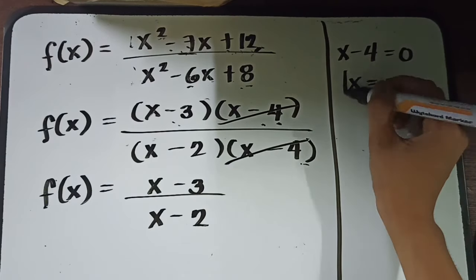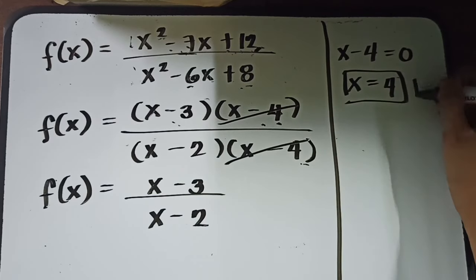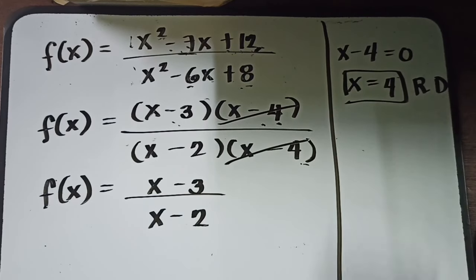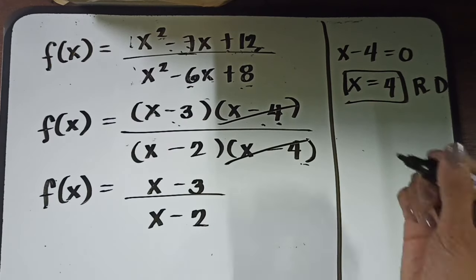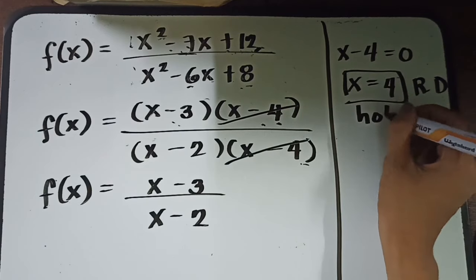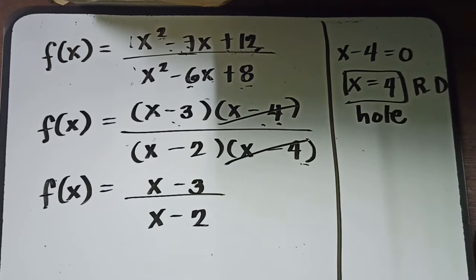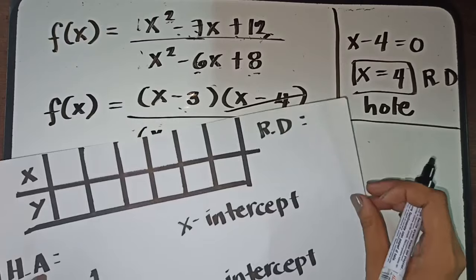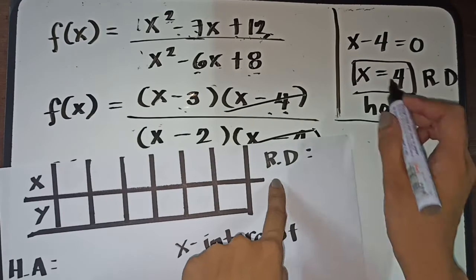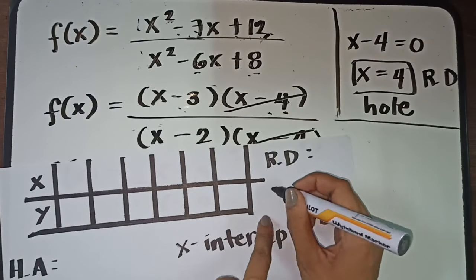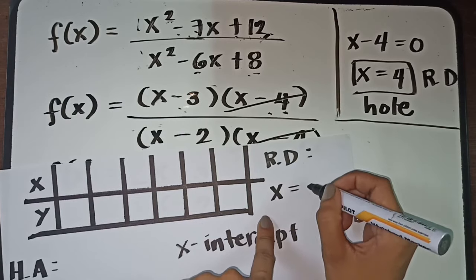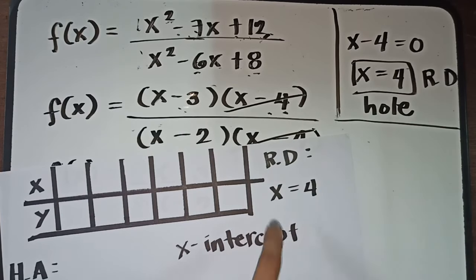Okay, so now, this is our removable discontinuity. So, para saan ang removable discontinuity? Ito yung kapag ginraph natin, ito yung hole nyo. Okay, so again, the value of our removable discontinuity is x is equal to 4. Ito yung magsaserve as hole or butas.